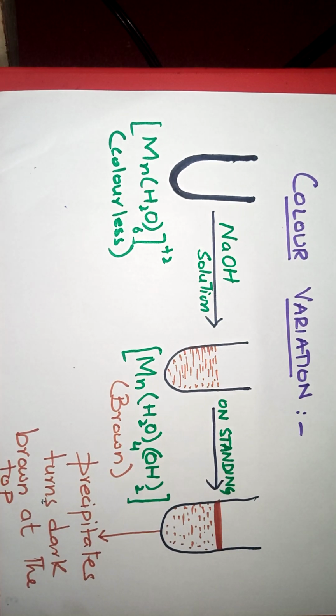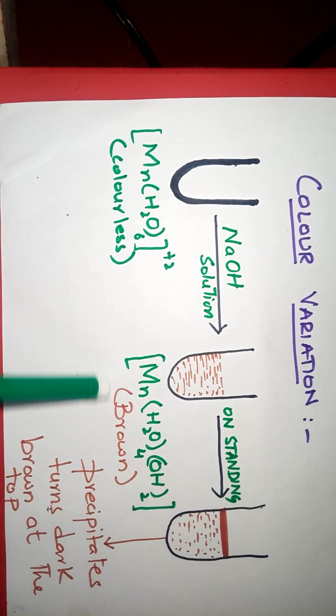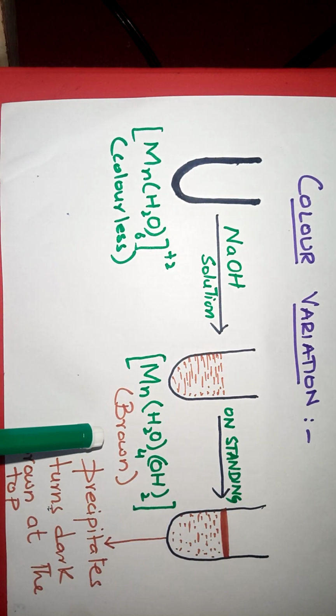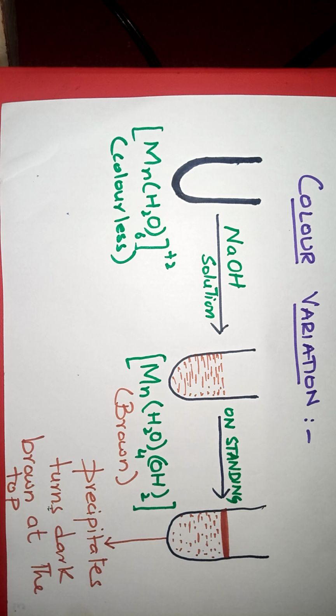So the color change is from colorless to brown, and on standing the brown color darkens. The manganese complex changes its color from colorless to brown, and then the brown color darkens on standing. This is how manganese reacts with a strong base like sodium hydroxide.